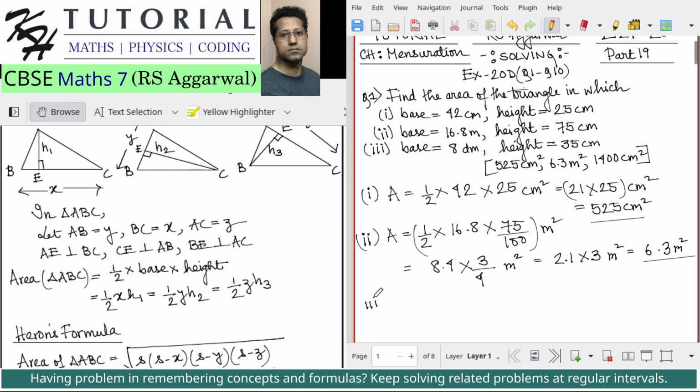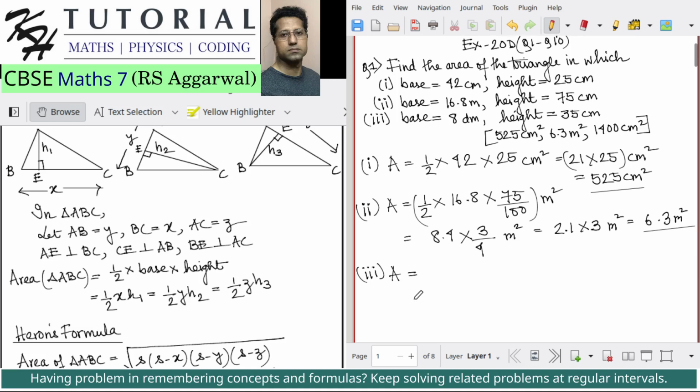Part 3. The base is given in decimeter, 8 decimeter, and the height is given as 35 centimeter. So the answer is also given in centimeter square. So let's convert the base in centimeter.